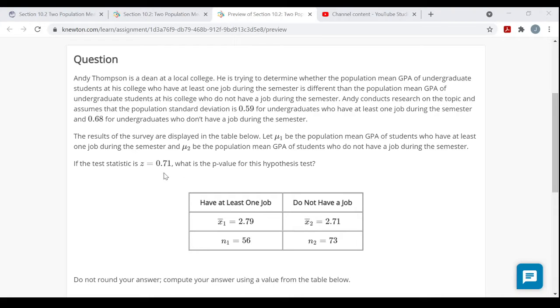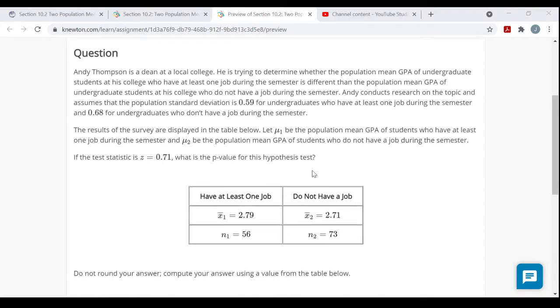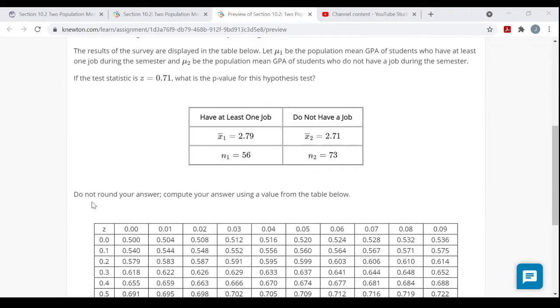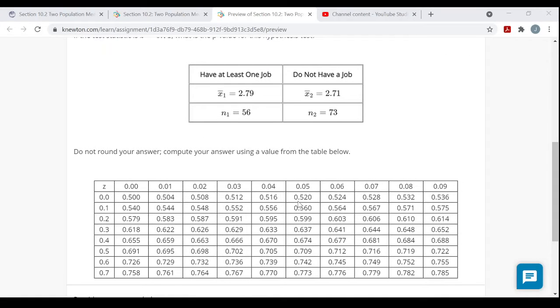The z-score for our test statistic is 0.71. The question is, what is the p-value for that test statistic, for this hypothesis test? They say do not round your answer, compute your answer using the table from below.